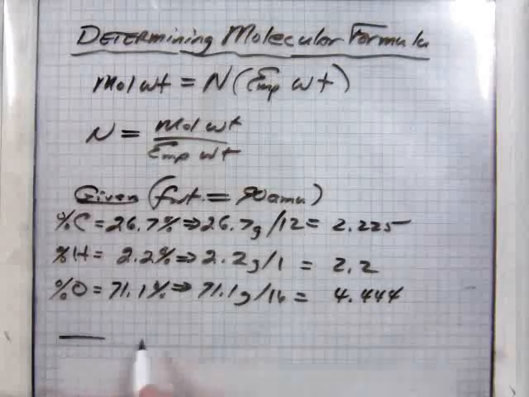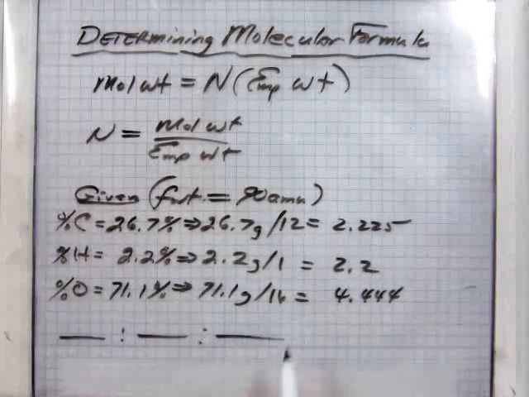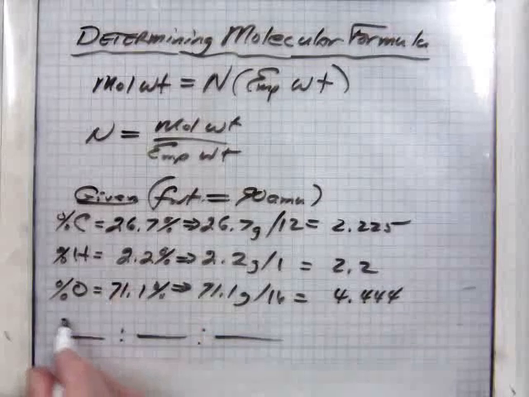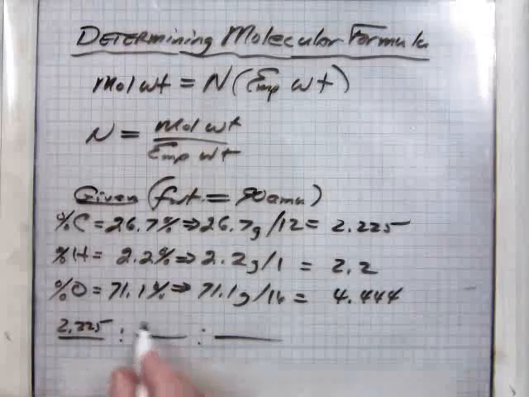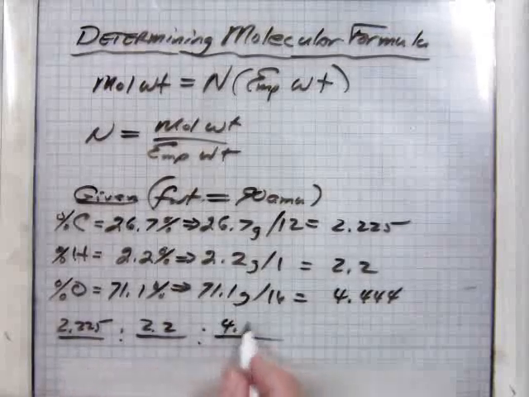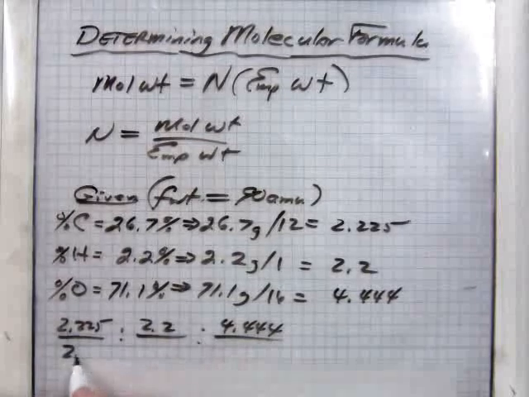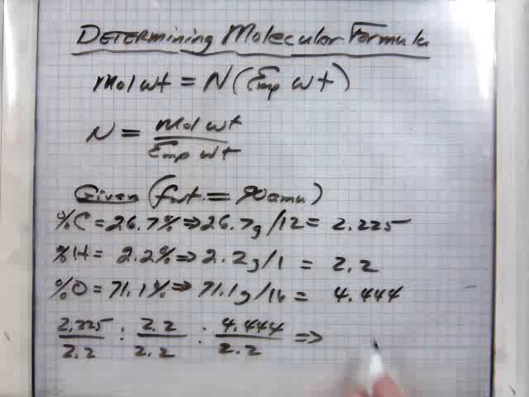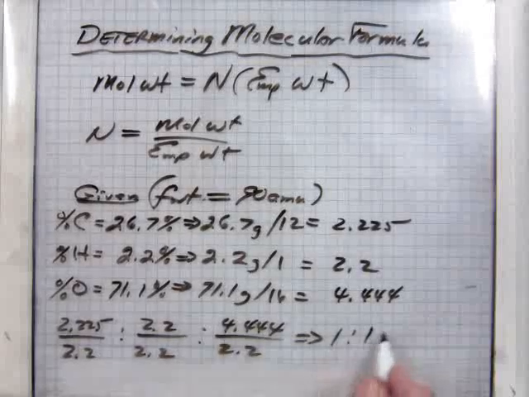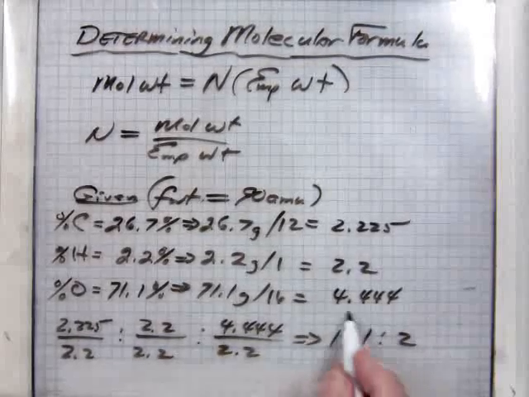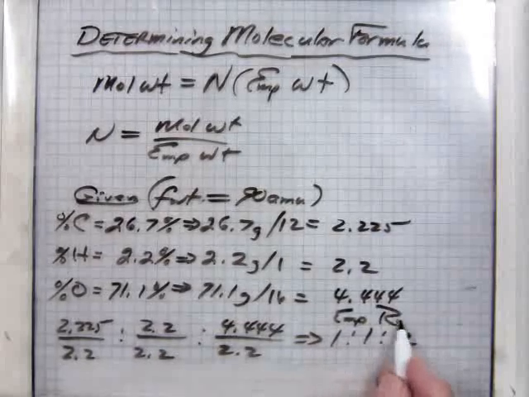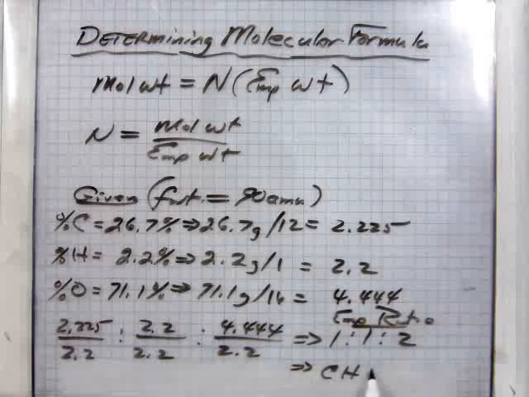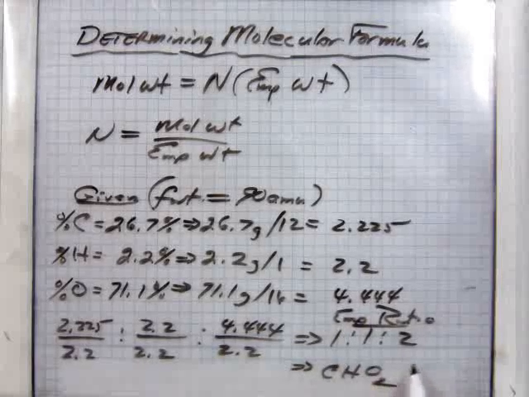So we have a 3-component molecule, and that's 2.225, 2.2, 4.444, and we want to divide everybody by 2.2. So of course that gives us a 1:1:2 empirical ratio. Therefore, CHO2 is your empirical formula.